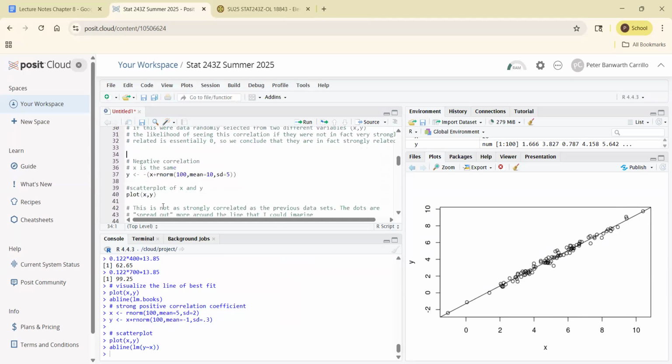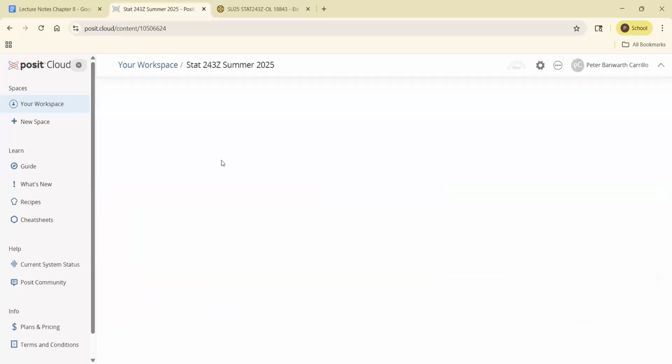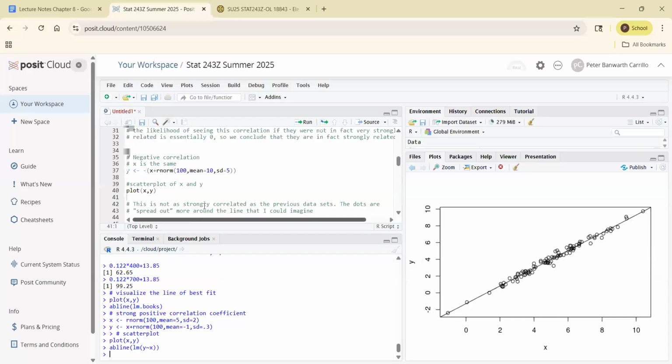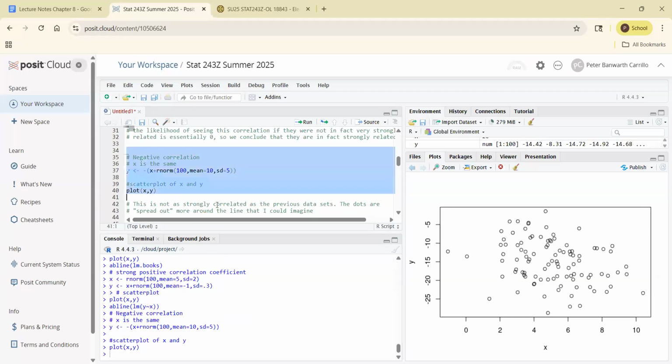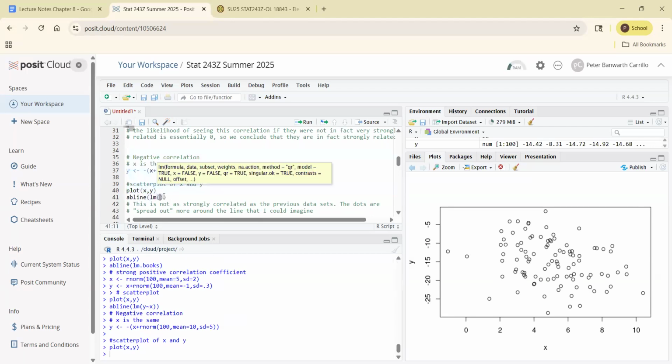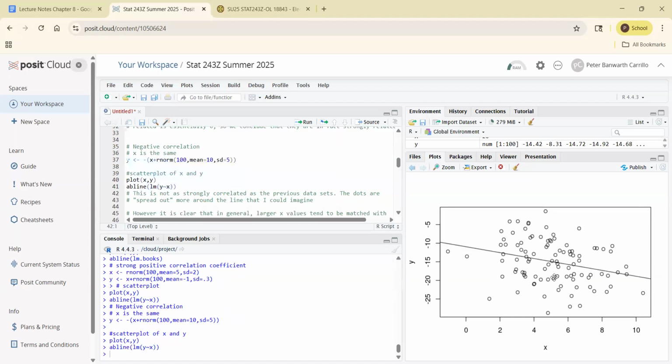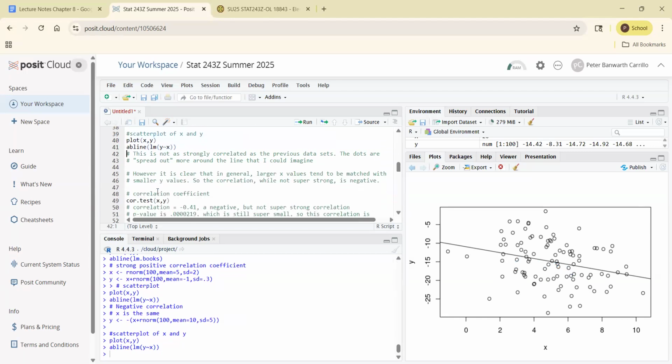Here's our negative correlation data. Sorry, pressed the wrong button again. Here's our negative correlation data. This is slightly different, but it still has a negative correlation. And there's our line of best fit. It has one, doesn't look super good, but there is one.